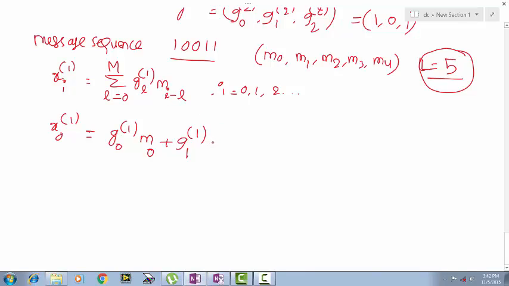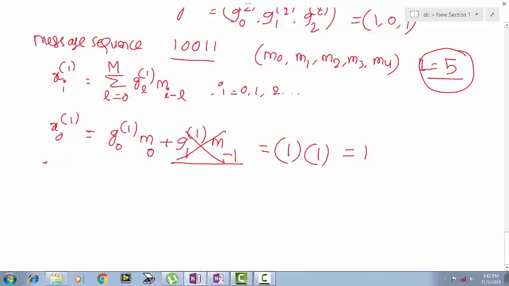Because we don't have m minus 1 and so on, the remaining terms are 0. So the first output bit from the first adder will consist of only G_0 of 1 into m_0. So as we don't have m minus 1, this term is not required. So G_0 of 1 is 1 and m_0 is 1. So output is 1. So the first output bit from the first adder is 1.